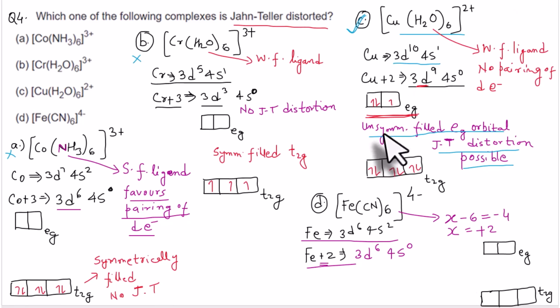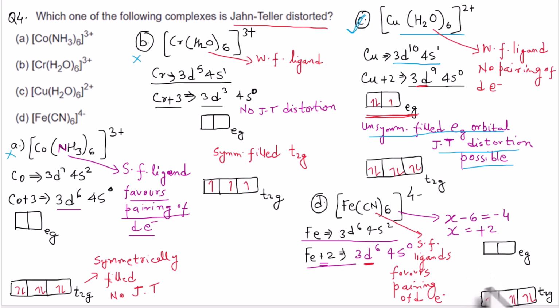Now what about the ligand CN? CN is a strong field ligand which favors pairing of d electrons, and we have to fill 6 d electrons. If pairing occurs, these 6 electrons remain in the t2g orbitals like this: 6 electrons in 3 t2g orbitals, symmetrically filled.